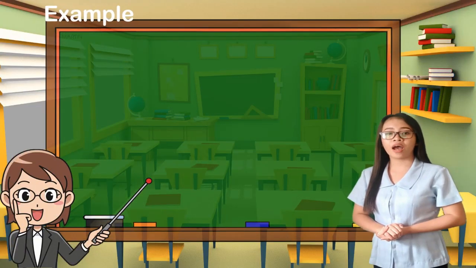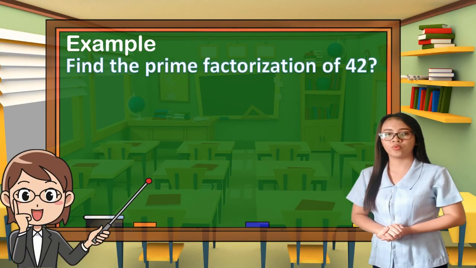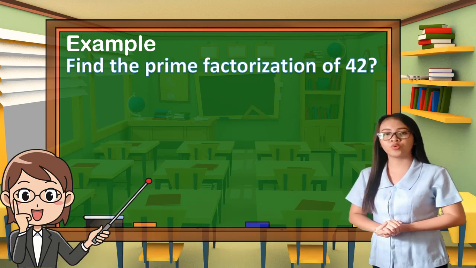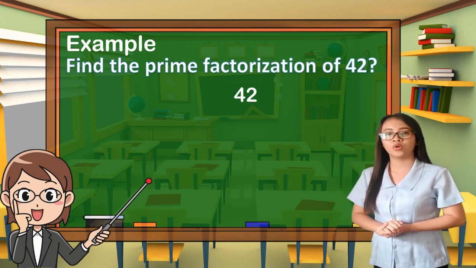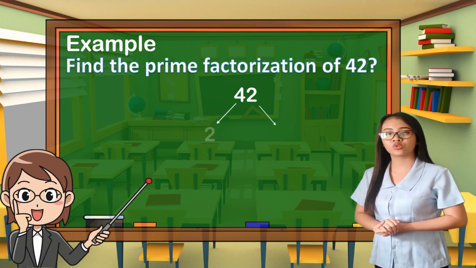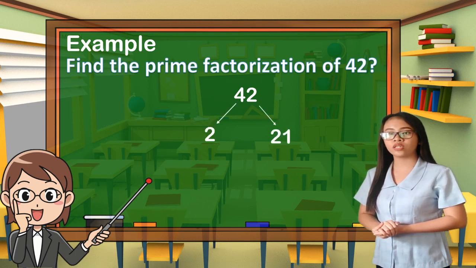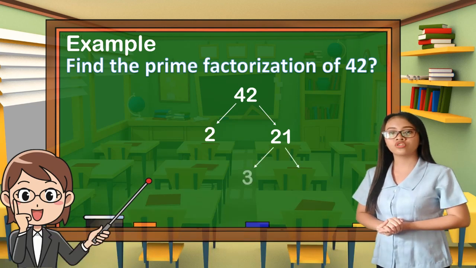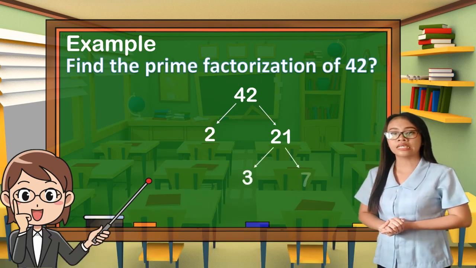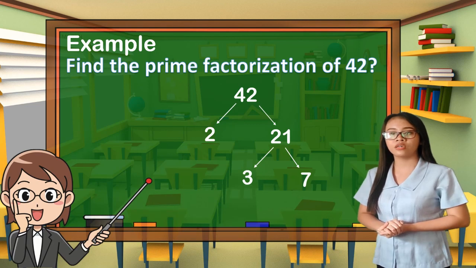What is the prime factorization of 42? So our composite number is 42. Next, we are going to find its prime factors. 2 times 21, and then 21 is still a composite number, so we look also for its factors: 3 times 7.